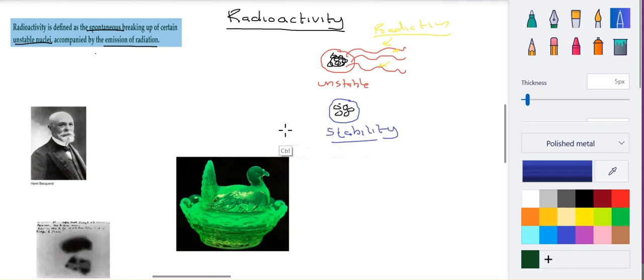Now, what I want to talk about is, how did scientists come about and discover this spontaneous process of radioactivity? So scientists knew around the time that radioactivity was discovered that there were certain elements. Like if we take uranium, for example, so imagine this is uranium here.